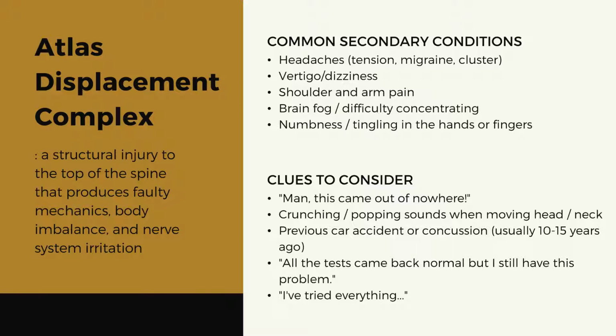And this is, again, a term that we use to describe a condition called the upper cervical subluxation complex, but Atlas displacement will suffice for the sake of simplicity. And what this is, is a structural injury to the top of the spine, or the junction between the head and the neck, that produces a number of side effects, being faulty mechanics, body imbalance by way of postural distortions, and subsequent nerve system irritation.